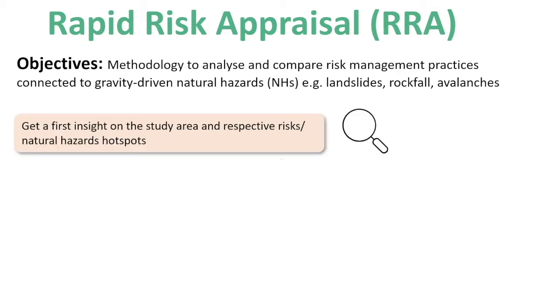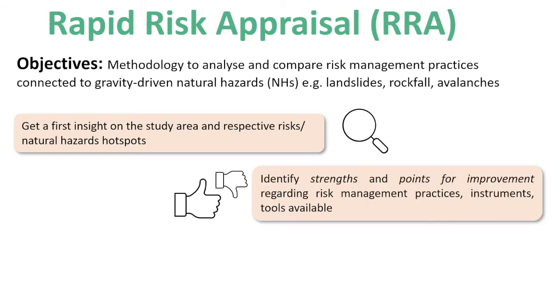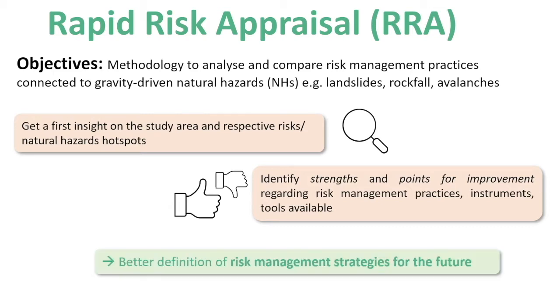In particular, first of all, the objective is to get a first insight on the study area, and then to identify the strengths and points for improvement regarding the risk management practices, instruments, and tools available. Understanding how the risk management works in the present helps to better define the risk management strategies for the future.